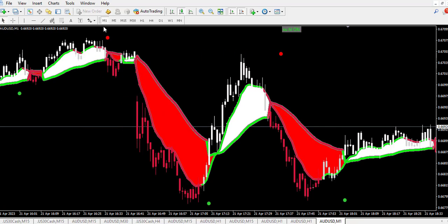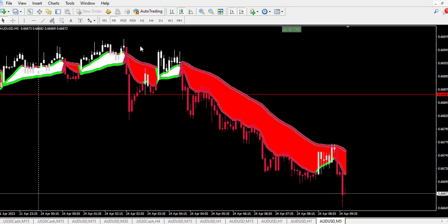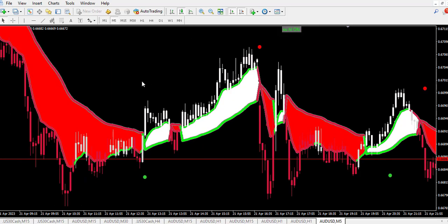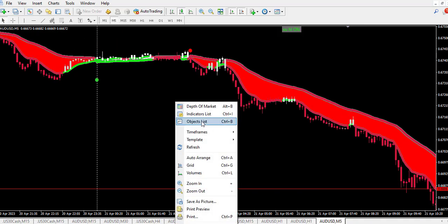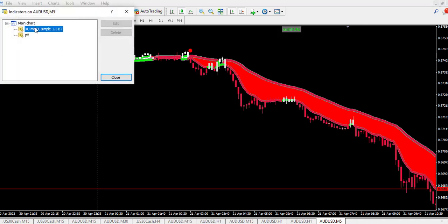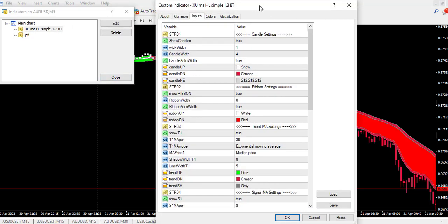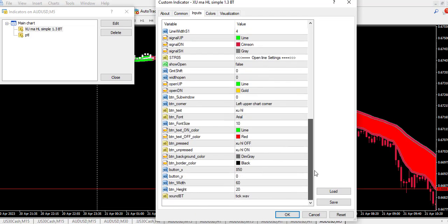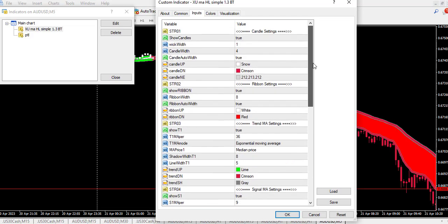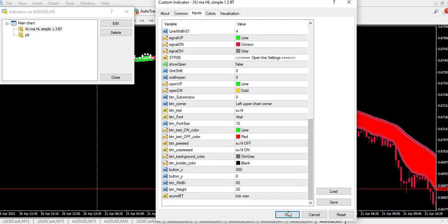Now let me show you the settings for all the indicators used for this particular strategy. This is a simple indicator, though I changed some things here, and not to stress you further, I would like to drop the template for this particular indicator, or this strategy as a whole, so that you do not need to change anything.